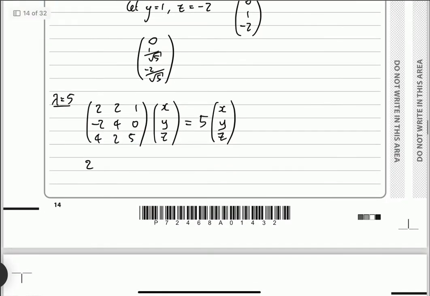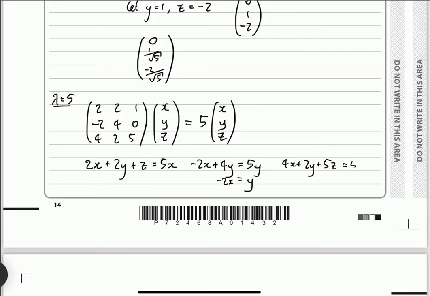So we've got 2x plus 2y plus z equals 5x, minus 2x plus 4y plus 0z equals 5y. Not as useful, but still okay. y is equal to minus 2x. And then the last one, 4x plus 2y plus 5z must equal 5z.